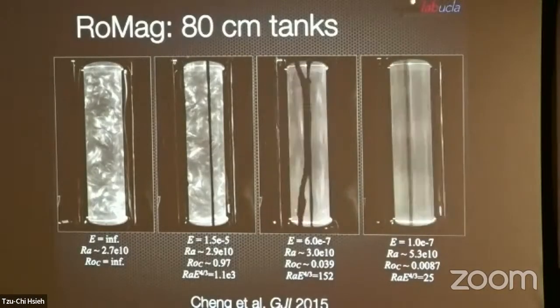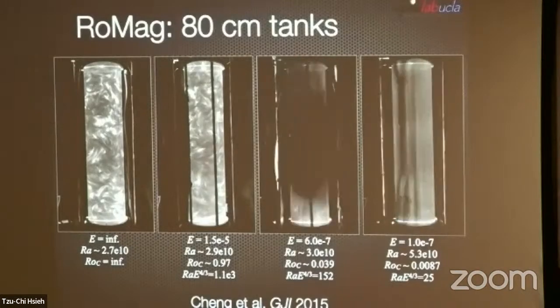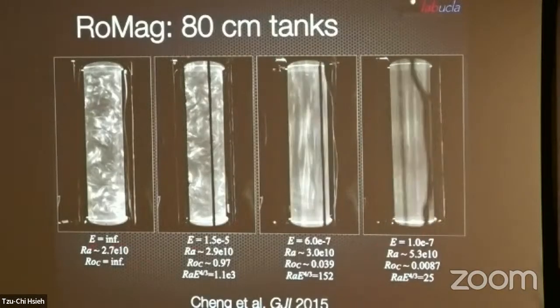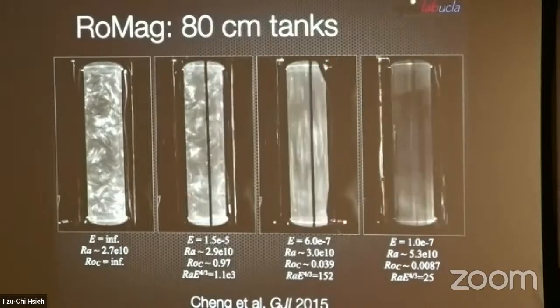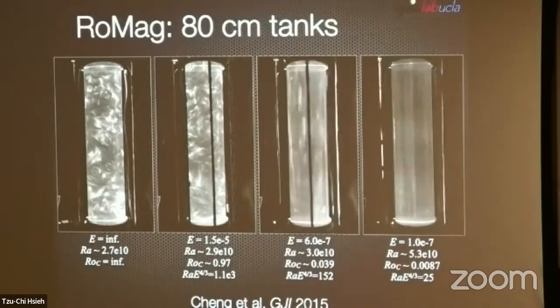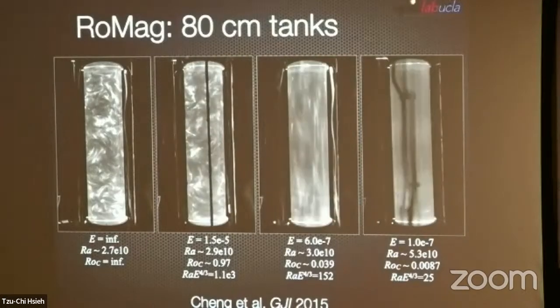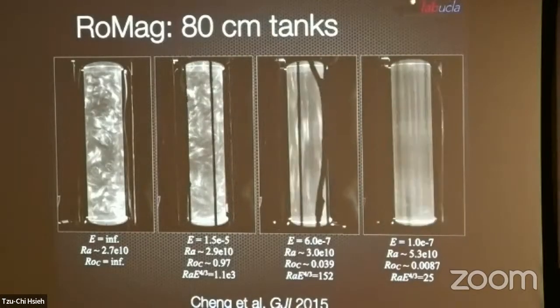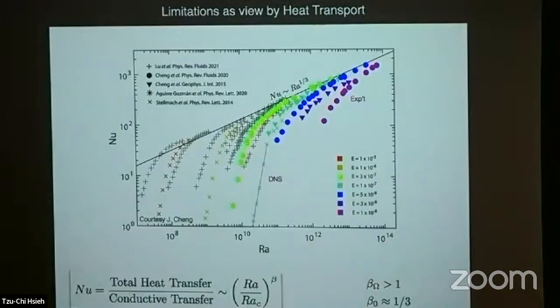So here are some tank renditions from Jonathan Aurnou's group, where they're going through various Ekman numbers, and they can claim to see some of the flow morphologies. You can see the impacts of rotation on those things. But here's the hard thing. One of the things the experimentalists do very well is measure heat transport, the Nusselt number. As I said, typically they fix the rotation rate and try to descend into this regime by lowering the heat input into the fluid.